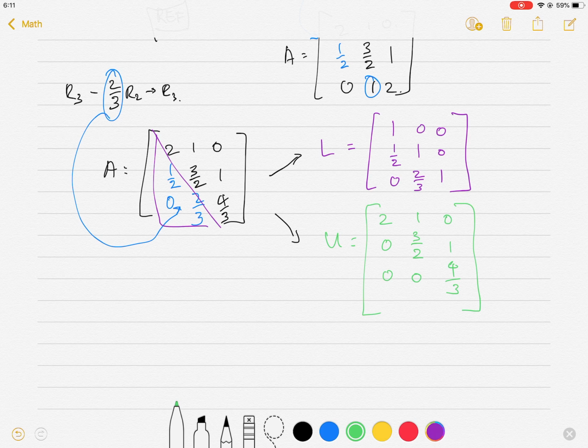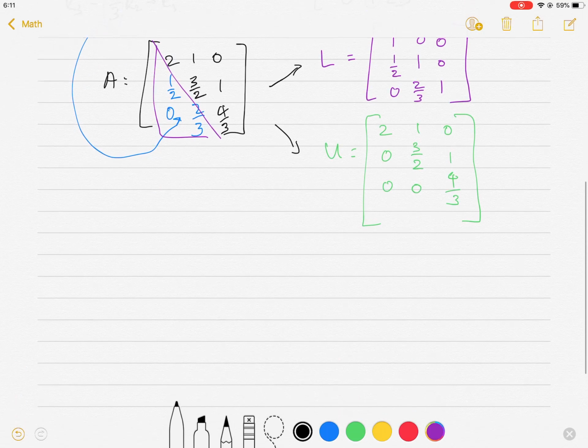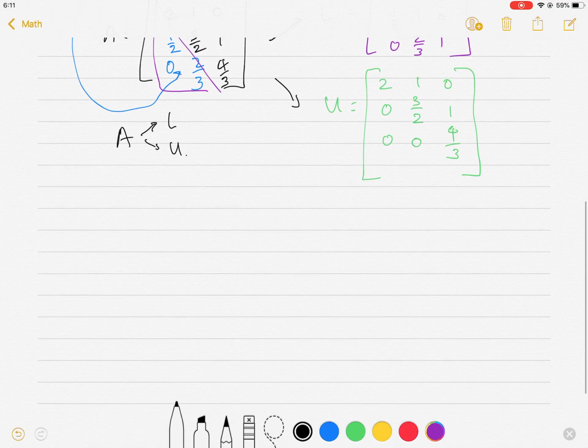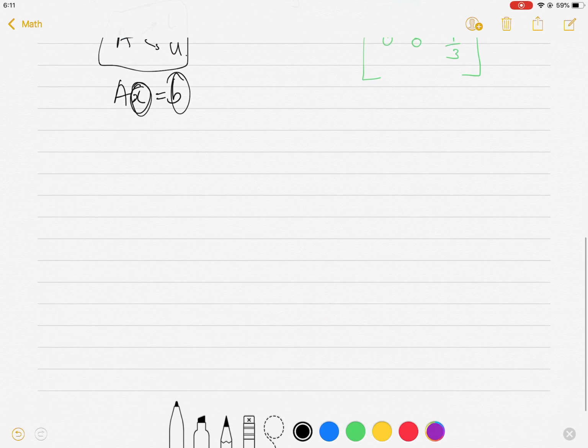So normally, when you're told to split A into LU, you're also given a system of equations like AX equals B, and you're supposed to use this technique to solve for X, and you're also given B as well. So let's do an example. AX equals B, we're supposed to solve for X, and B equals 1, 2, 3.